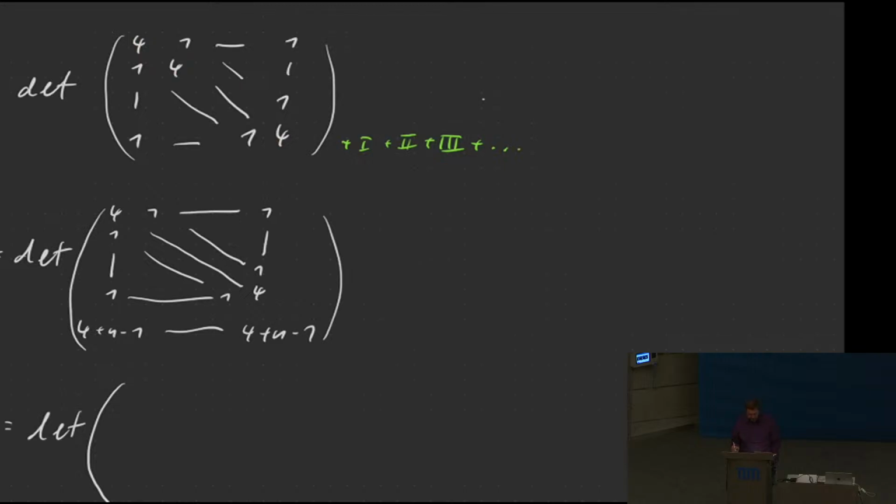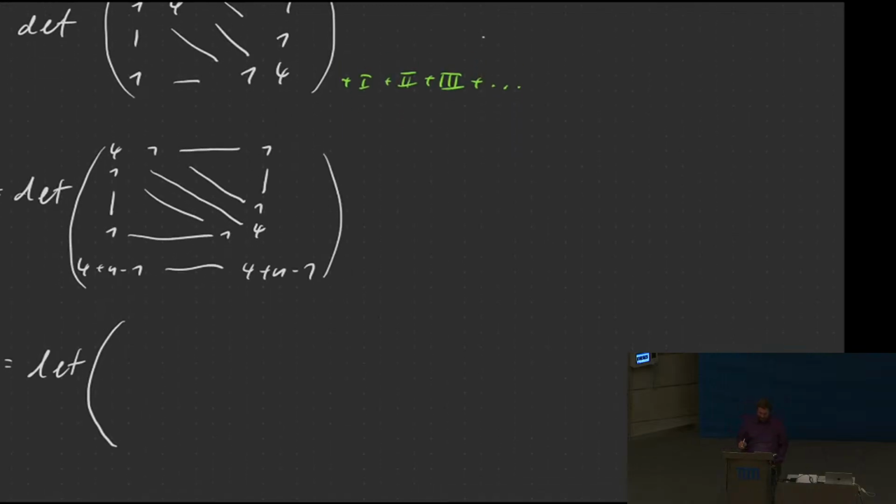If I add everything to the last row, the rest stays the same, and in each column we have one 4 and n minus 1 1s. So this all sums up, and that means we have the entries 4 plus n minus 1 in all entries in that last row.